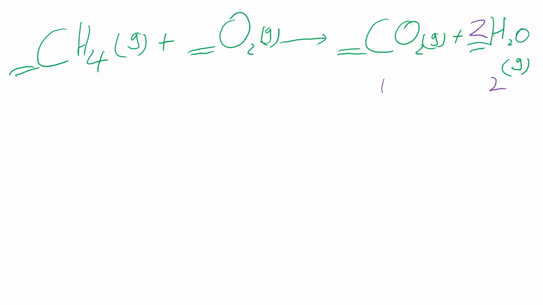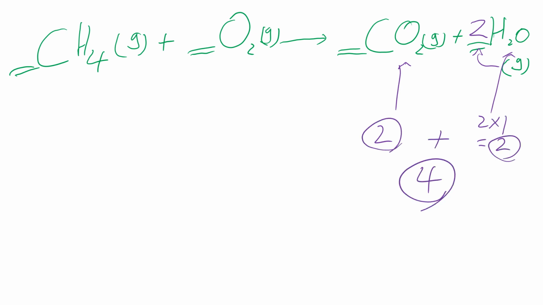Oxygen is always tricky because this is a good example where on the right side, with the 2 coefficient times 1 for water, I have 2 and 2, so in total I have 4 oxygen. On the left side, I only have 2, so I have to double that. So the ratio of this is 1 to 2 to 1 to 2.